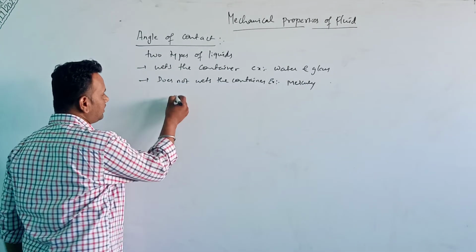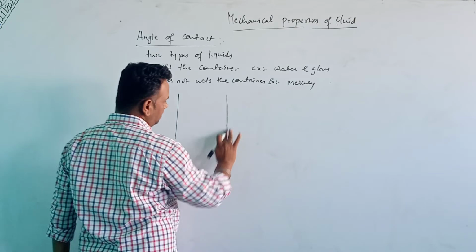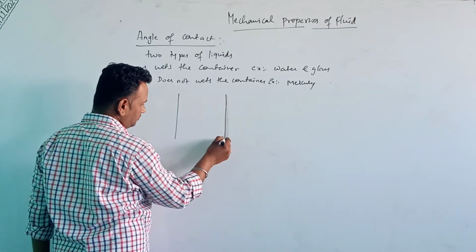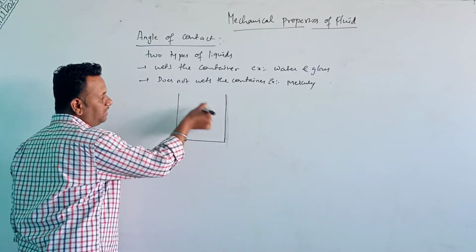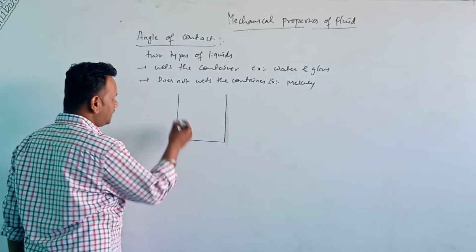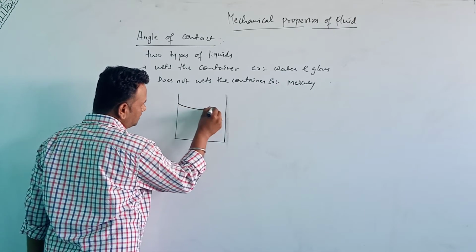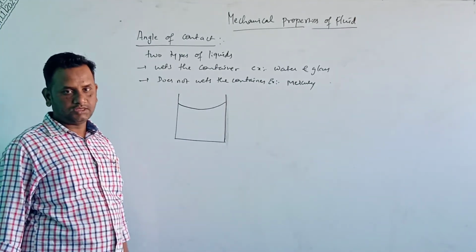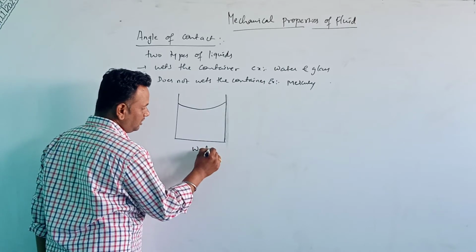Now if I take water in a container, filled with water, then we can observe that a concave meniscus is formed. This is when water is taken in a container.